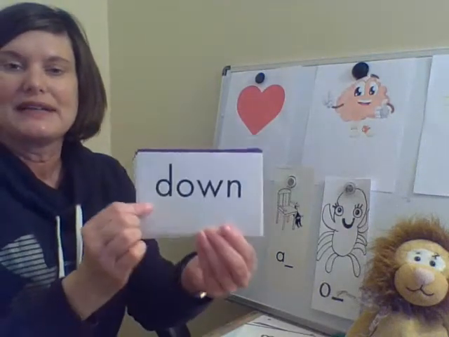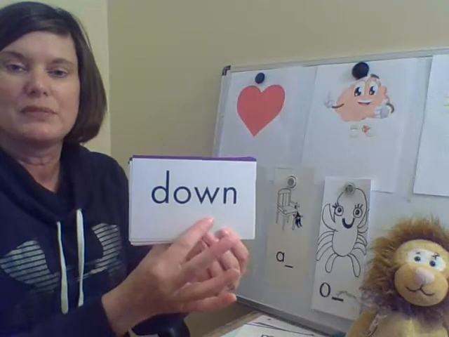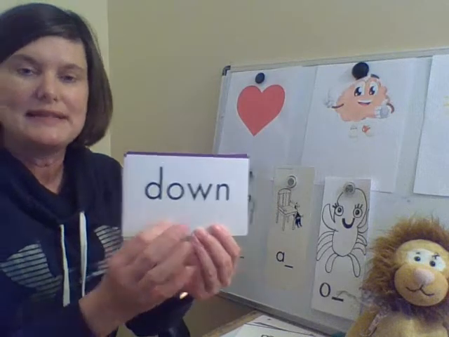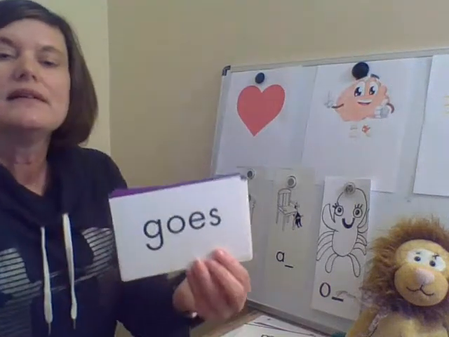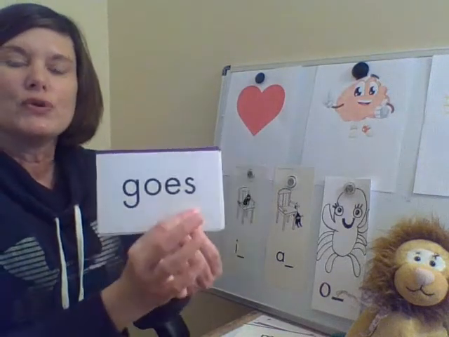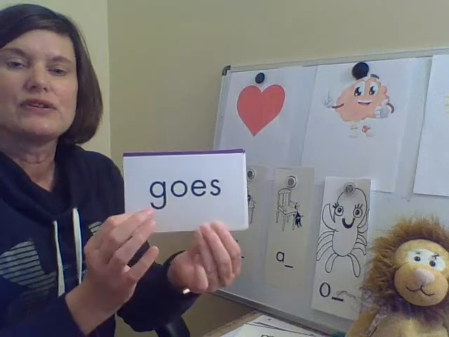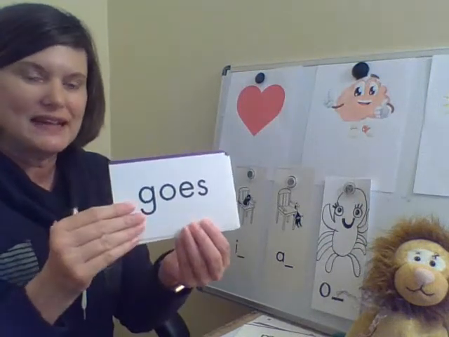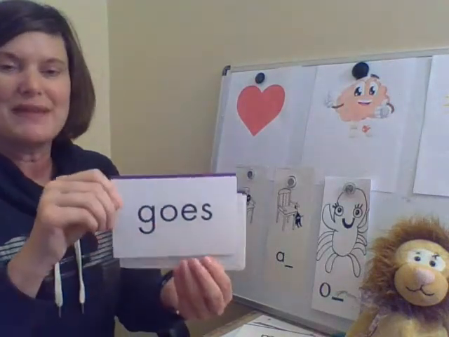Next word, down. Spell D-O-W-N. Read down. Fantastic. Read goes. G-O-E-S. Goes. Fantastic. Make sure I can hear you reading and spelling along with me.